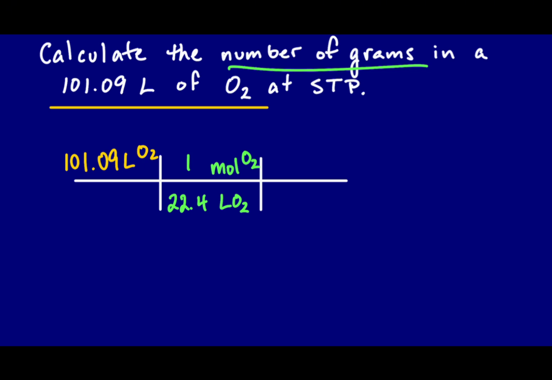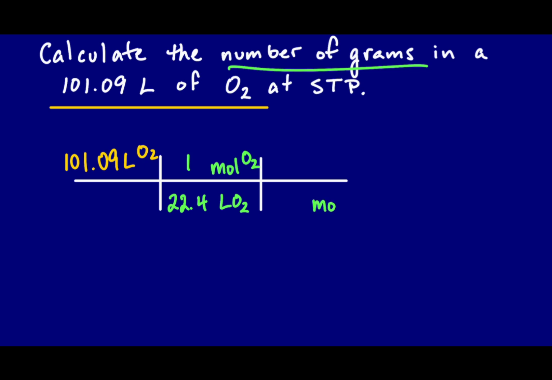Now notice, I'm not ending this off and then just writing out my answer in units of moles and then performing another conversion afterwards to then get to grams. I am able to show less work by setting all of this up with one-dimensional analysis setup. So we now need to go from moles of O2 to grams of O2. So our next converting factor is going to be the molar mass of O2.